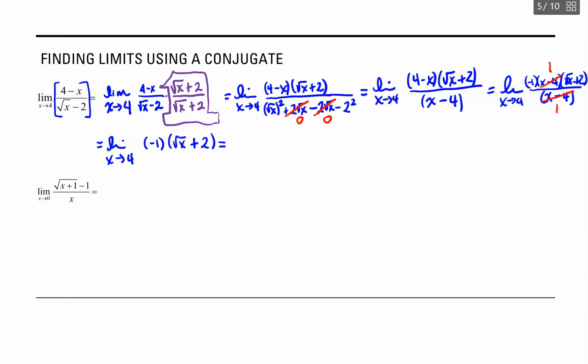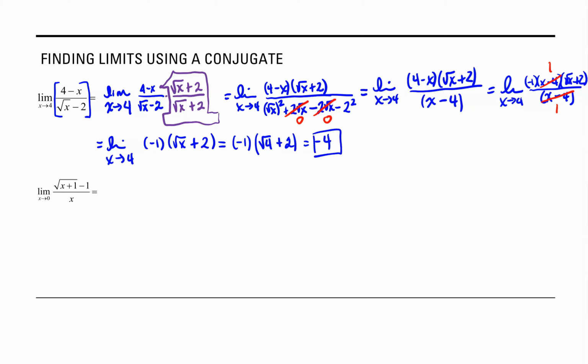So as x approaches 4, we still have our factor of negative 1. Square root of x will approach square root of 4, which is 2, and the 2 remains 2. So 2 plus 2 is 4, times negative 1 is negative 4.